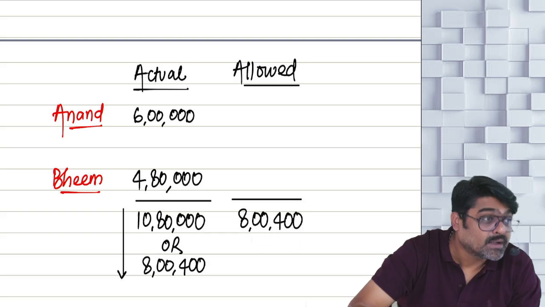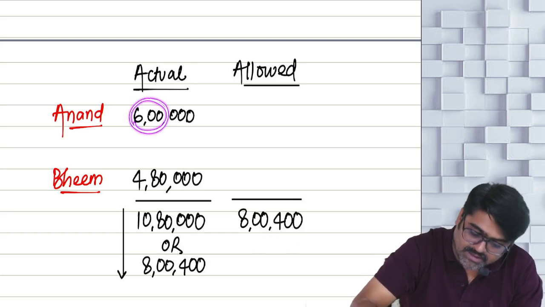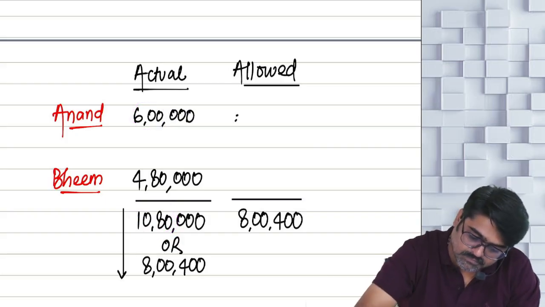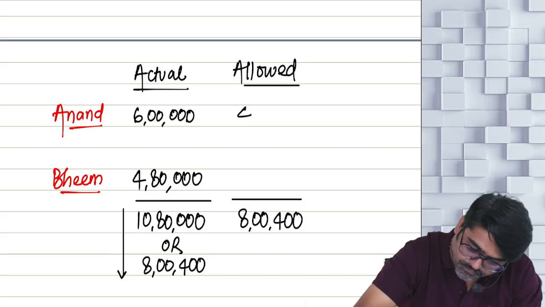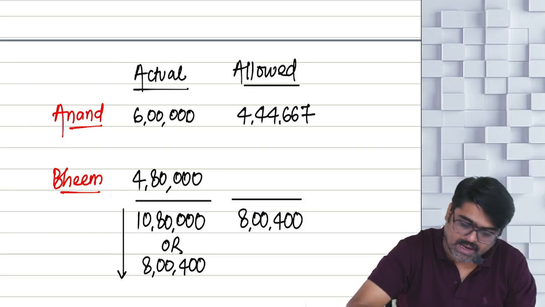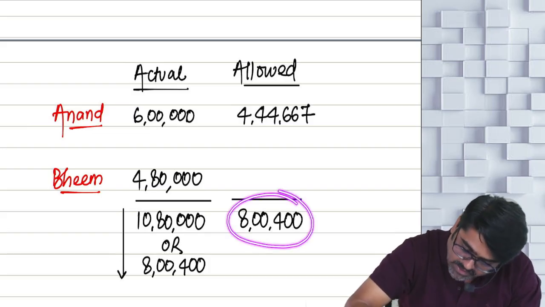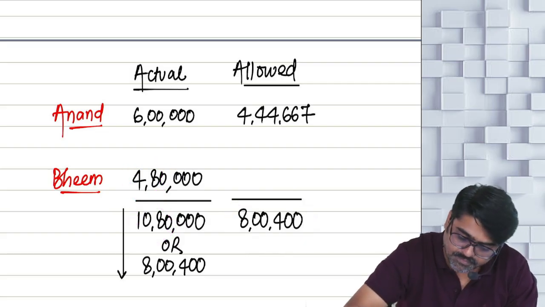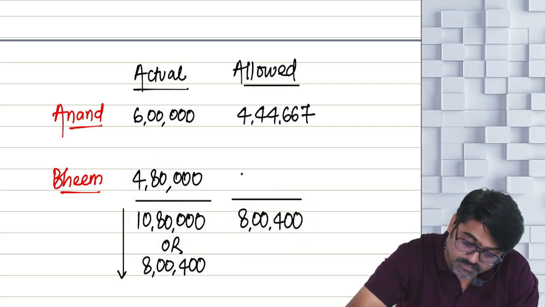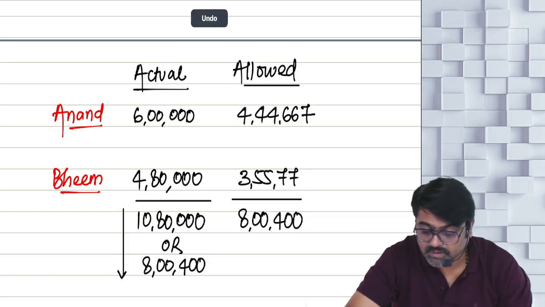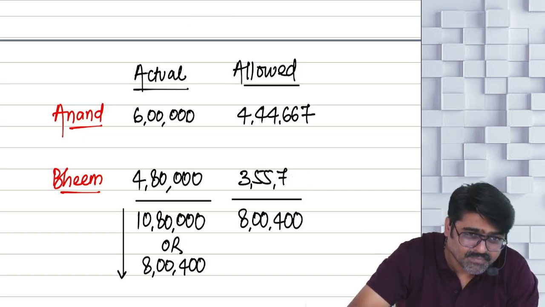How much? 4,667,000. And this 8,400,000 into 480 divided by 1080. 3,55,000. 733.